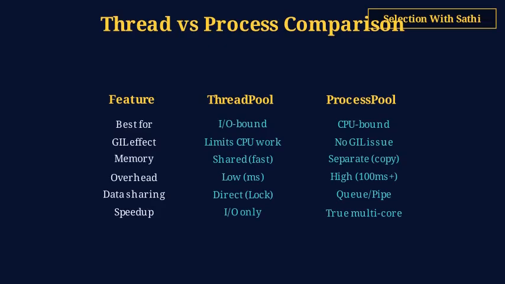Threads share memory directly, which is fast but needs locks. Processes use separate memory, with communication via Queue or Pipe. Thread overhead is low. Process overhead is higher, about 100 milliseconds per process. Choose based on your workload, I/O or CPU.